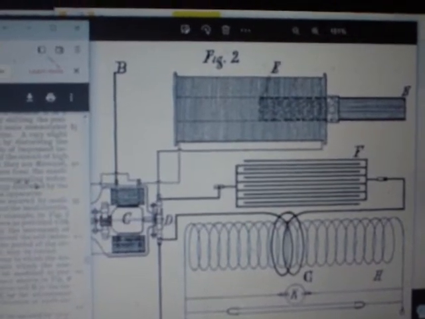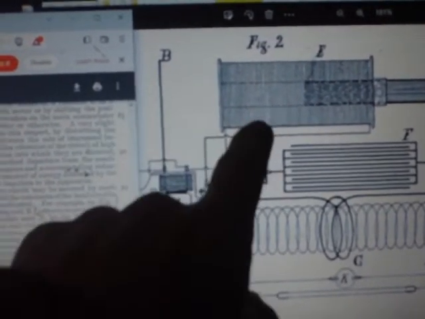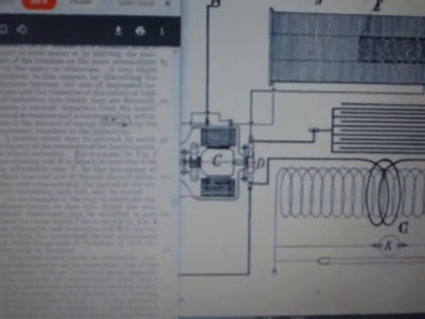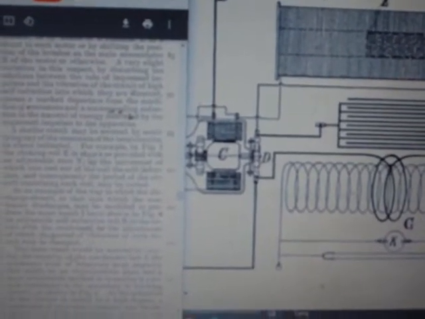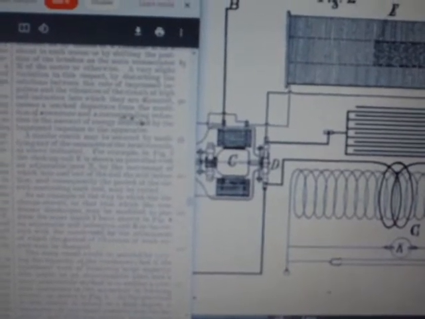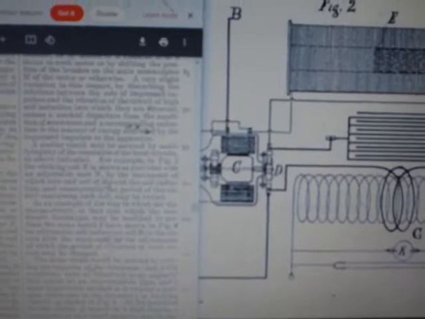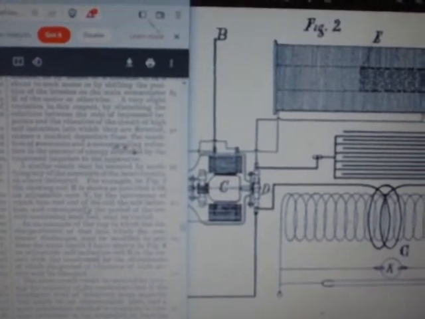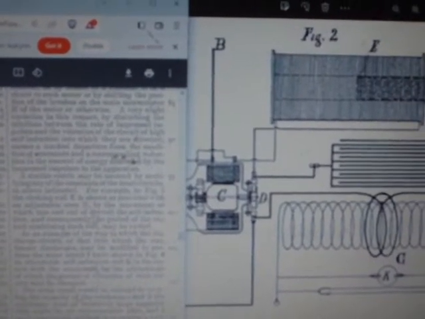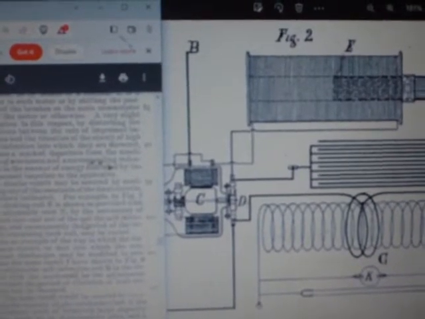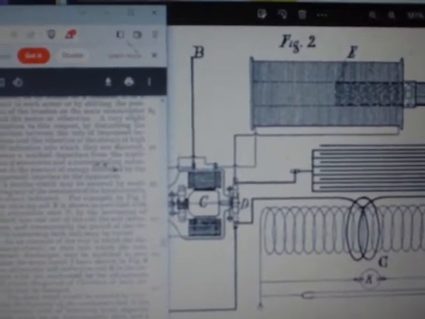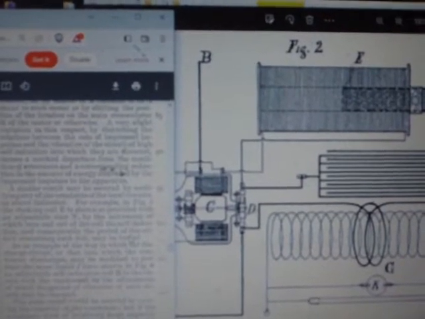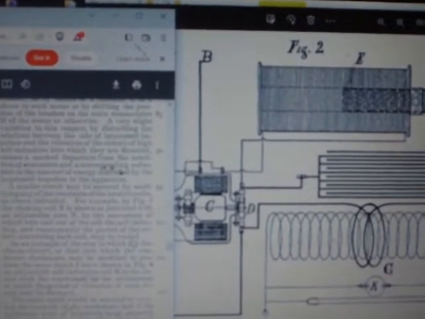So the choking coil E, the coil of high self-induction, is shown as provided with an adjustable core N, by the movement of which into and out of the coil, the self-induction and consequently the period of the circuit containing such coil may be varied.